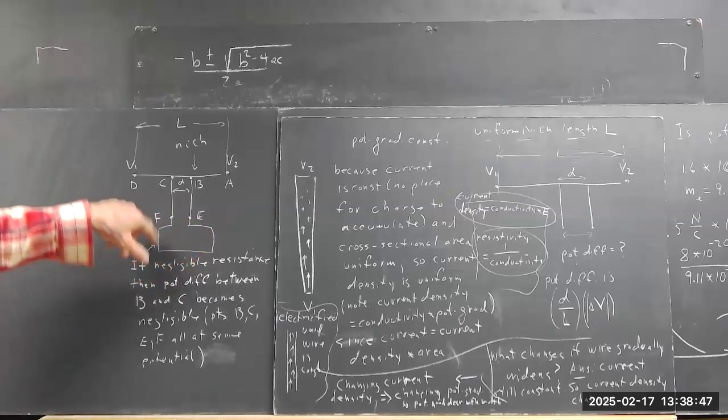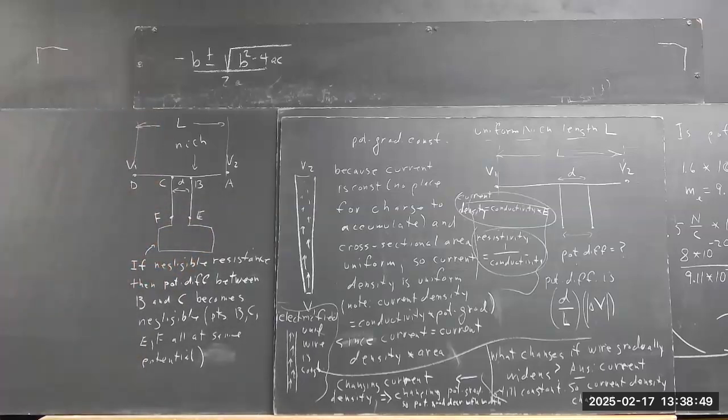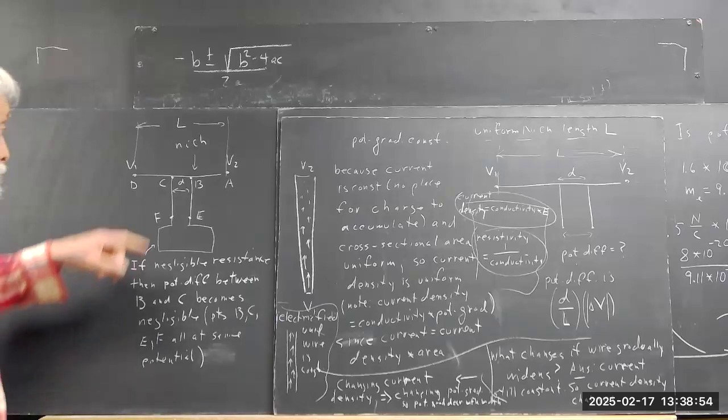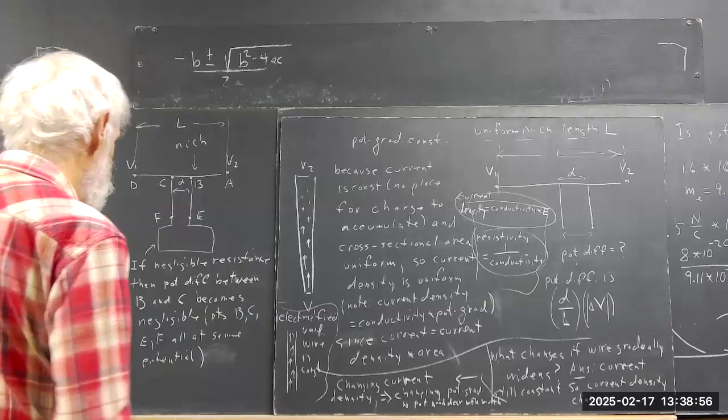It's because this is all a good conductor. Okay. So there's no potential loss between here and here.